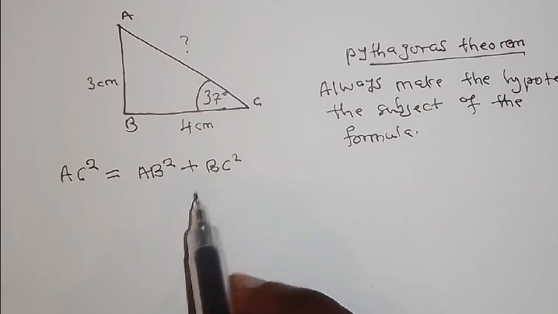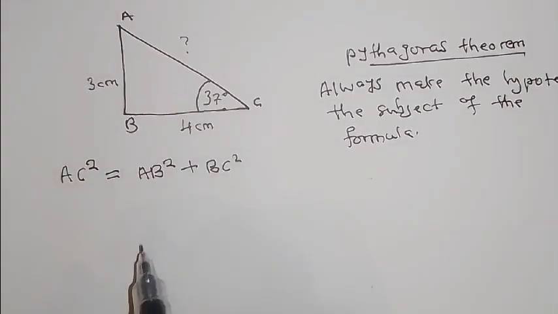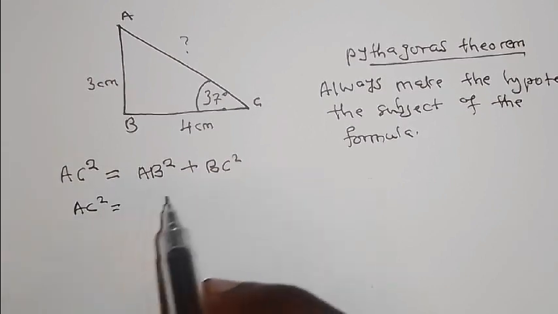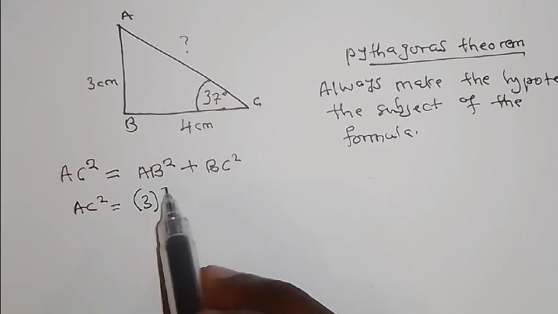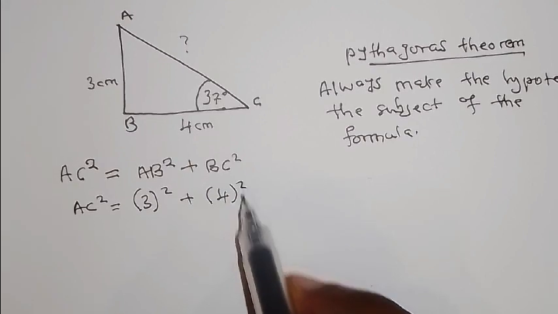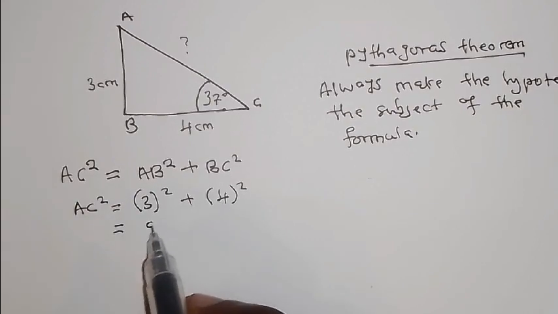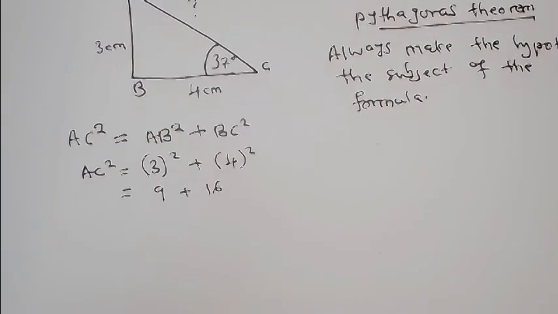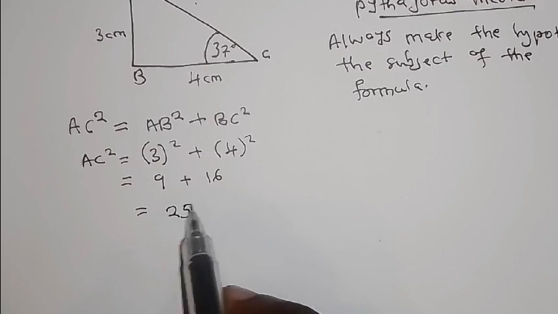Now from there, we can put in the numbers that we have. AC squared is equal to AB, which is 3, squared, and BC is 4 squared. So this is 9 plus 16, which gives us 25.